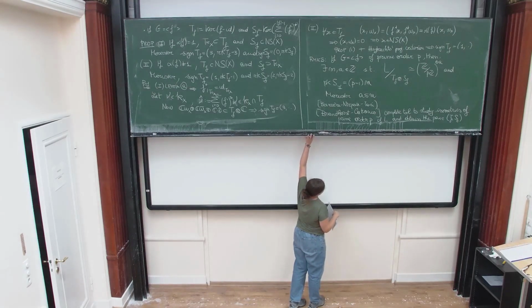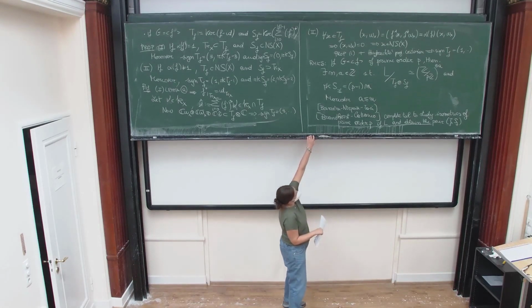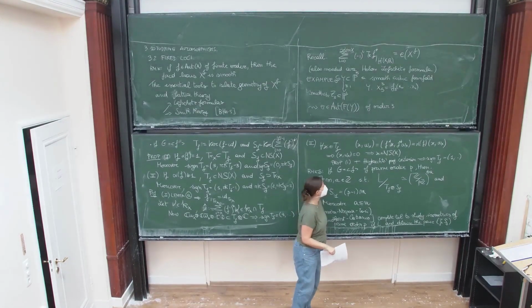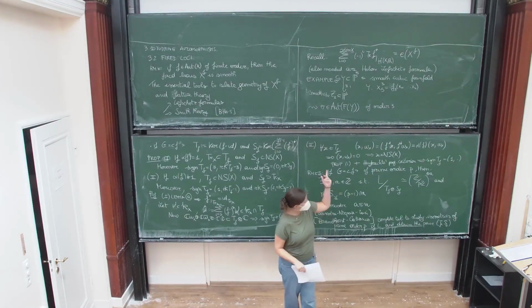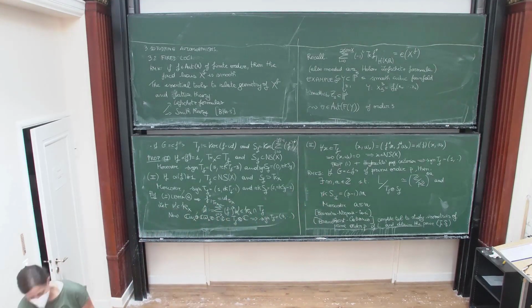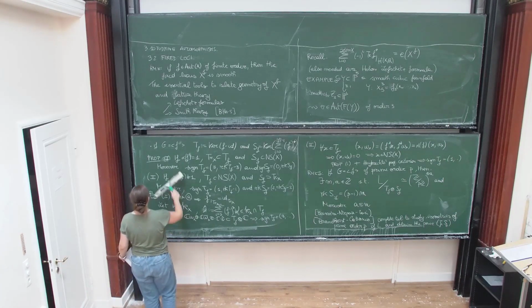Okay. As I said, in good cases, like the Fano variety of lines, it's easy to really compute the fixed locus. So while I erase, you may compute it for me.